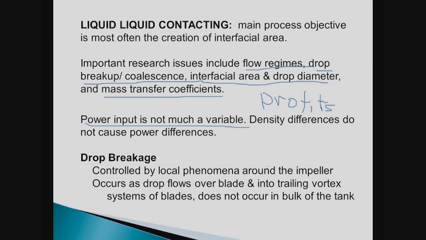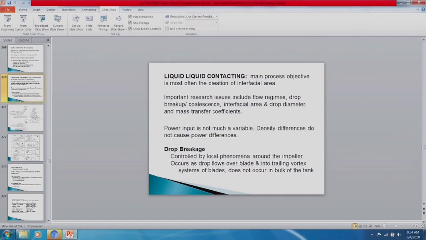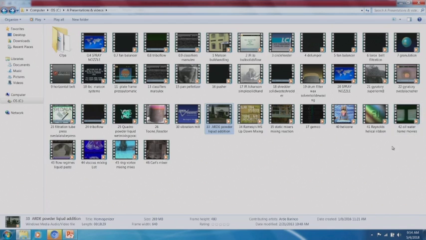Power input's not much of a variable. So you have drop breakage. Now the real serious question, just a simple question, is where do drops break? I think I showed it to you last time. Let's escape again here and show, discard, go to here.